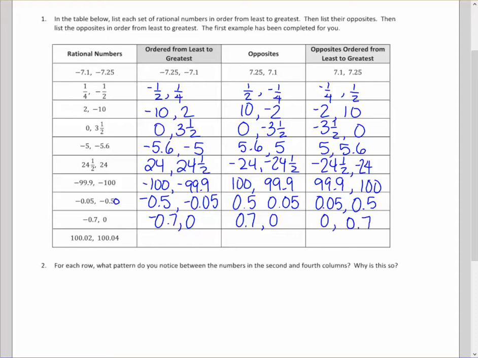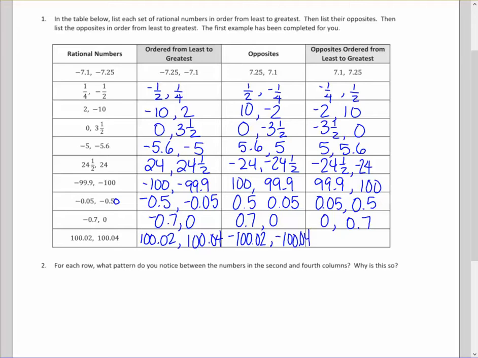And then this next one, they threw some more decimals at you to compare. So we have $100.02 compared to $100.04, right? The opposite of that would be, instead of you having that money, you owing that money.